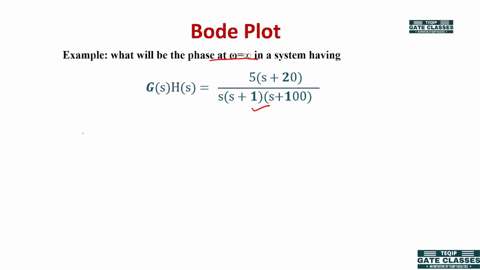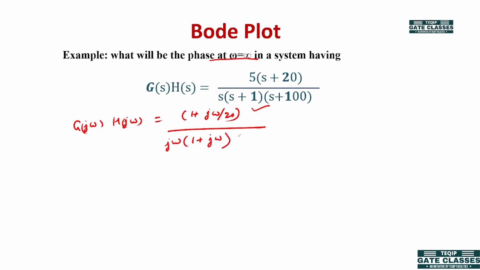So first we write what we have already calculated, the form G(j omega) H(j omega). So this is 1 plus j omega by 20 upon j omega into 1 plus j omega into 1 plus j omega by 100. Okay, so we have this.